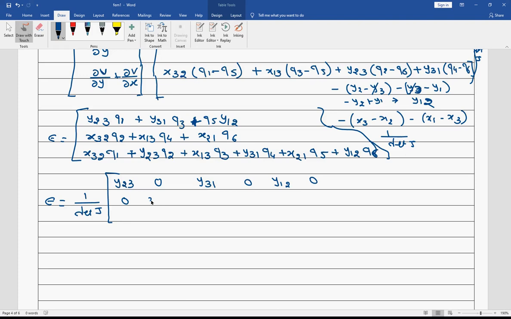Then here I can write 0, x32, 0, x13, 0, x21, and then I can write x32, y23, x13, y31.